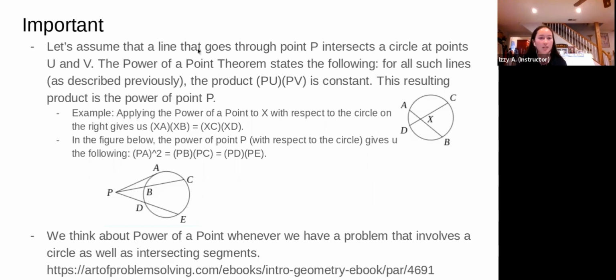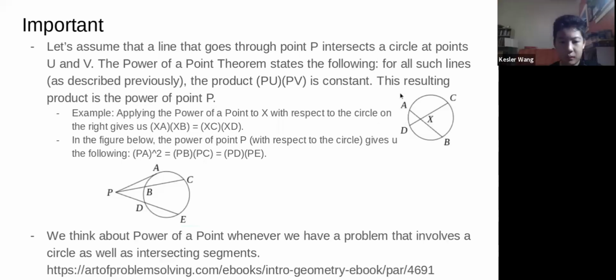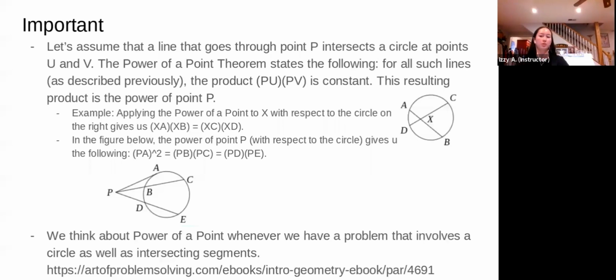For all such lines, the product PU times PV is constant, and this resulting product is the power of point P. For example, we can apply the power of a point to this image right here. Applying the power of a point to X with respect to this circle, that's going to give us XA times XB is equal to XC times XD.